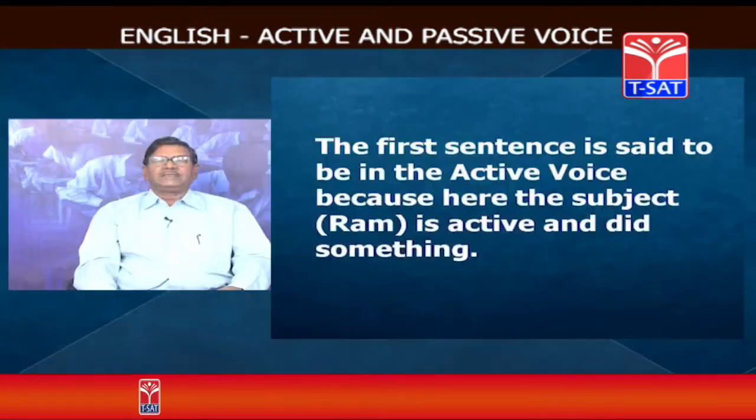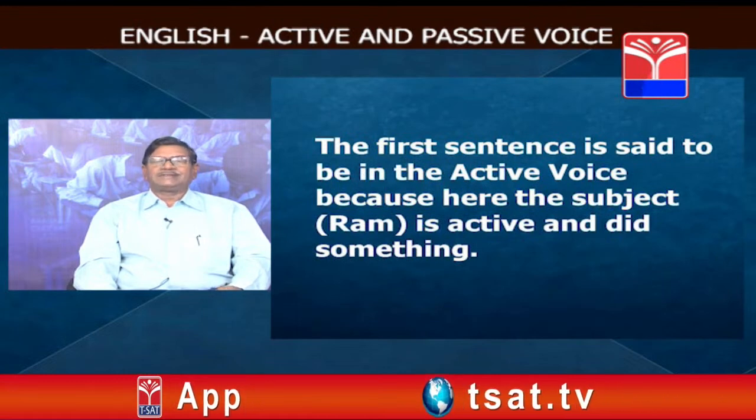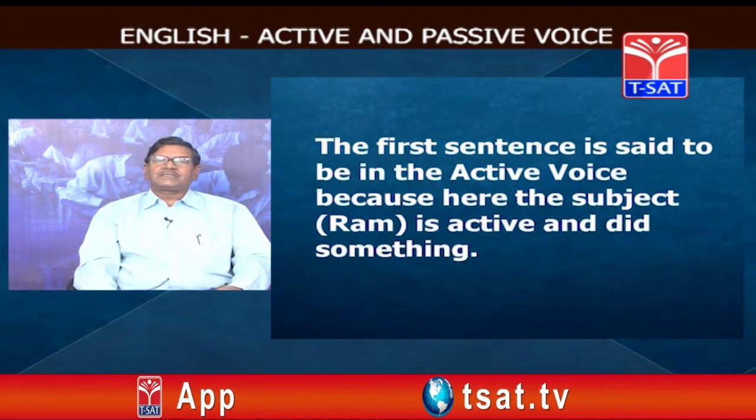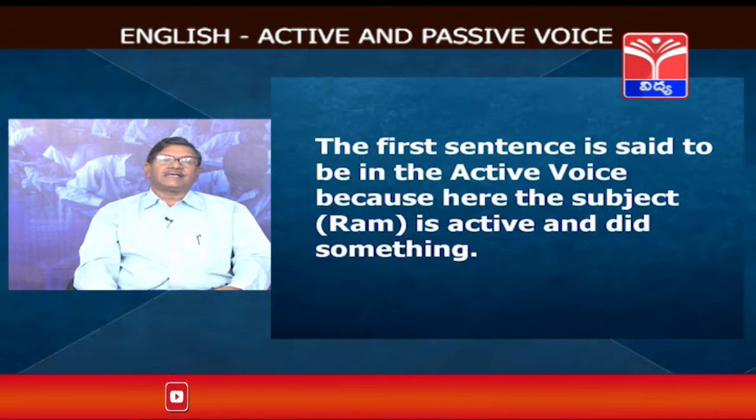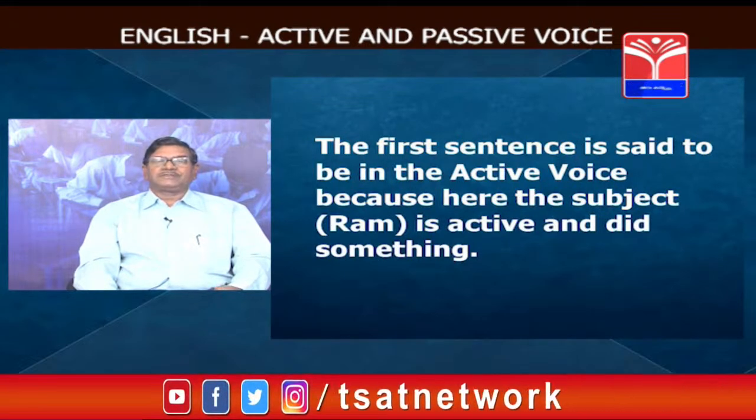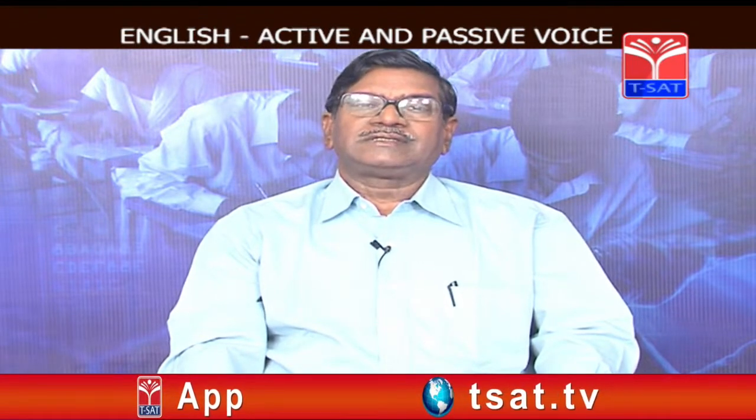So, in the first sentence, glass is the object. It is said to be in active voice. And the object is given importance in the second sentence, and it occupies the place of the subject. And when the object is given importance, then the sentence is said to be in passive voice.